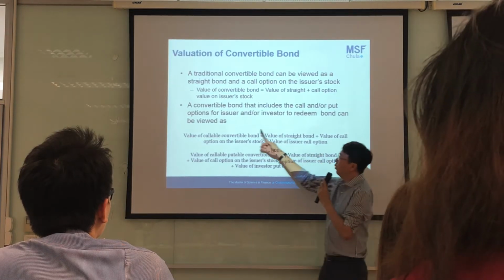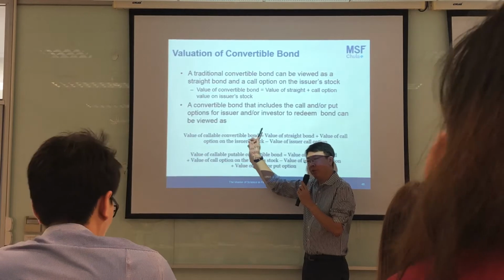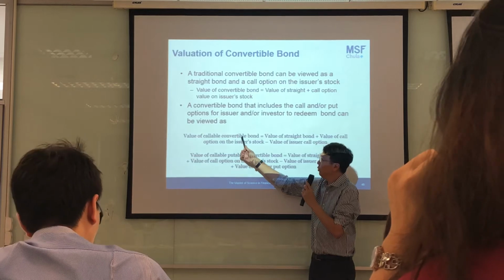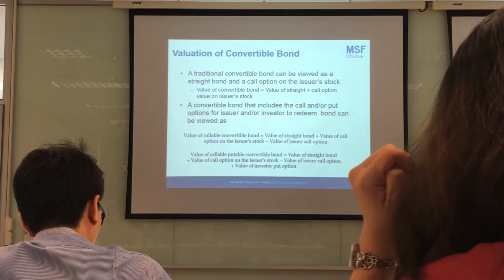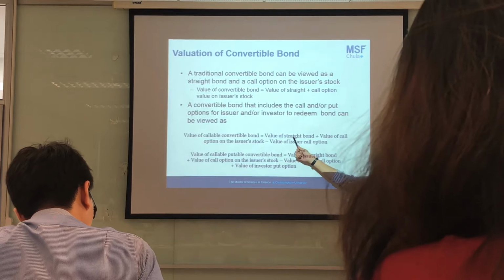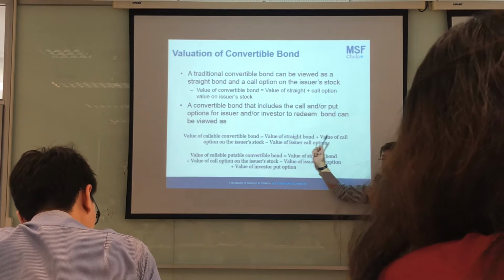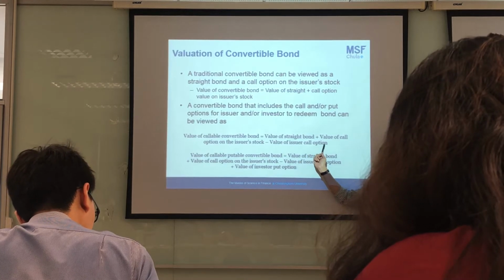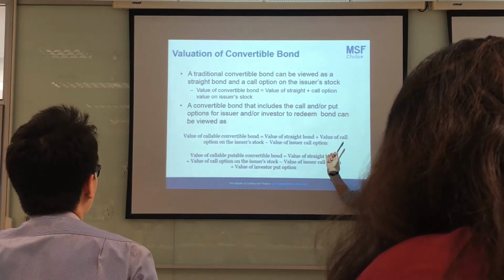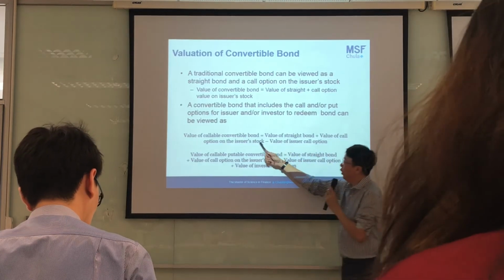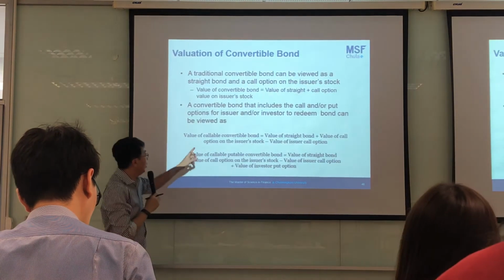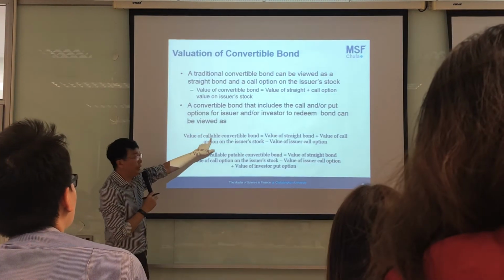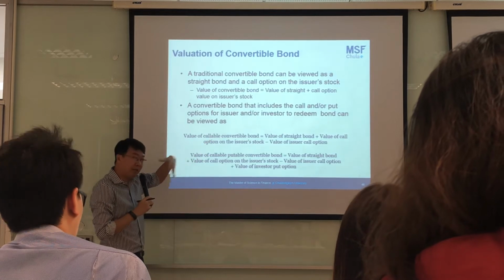Suppose in our case, it's not only a convertible bond, but also a callable convertible bond. So the value of the callable convertible bond will be the sum of the straight bond plus the value of the call on the stock minus the call on the bond. Let me repeat. A callable convertible bond provides the option for the bond issuer to buy back the bond.